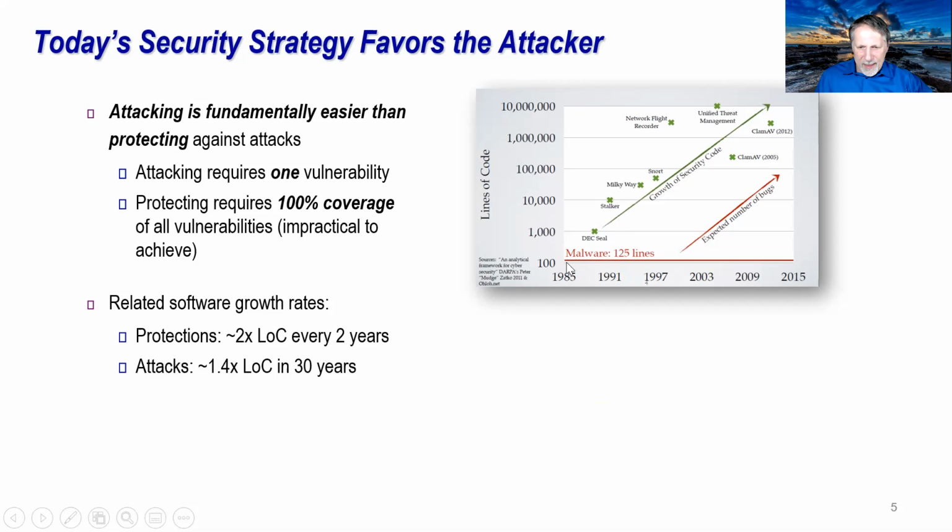And then here, this line, it doesn't really look like it's going up, but it's going up a little bit. This is the increase in complexity in malware over a 30-year period. Now, while the protections were growing 2x in complexity every 2 years, the malware grew 1.4x in size in 30 years. And that just shows you the challenge.